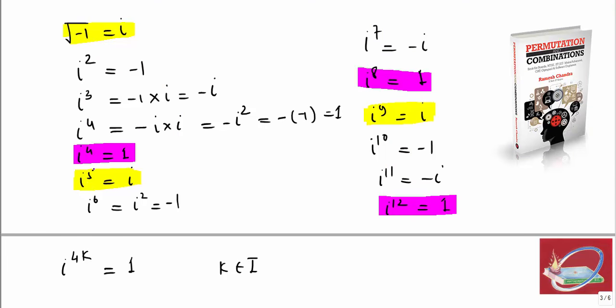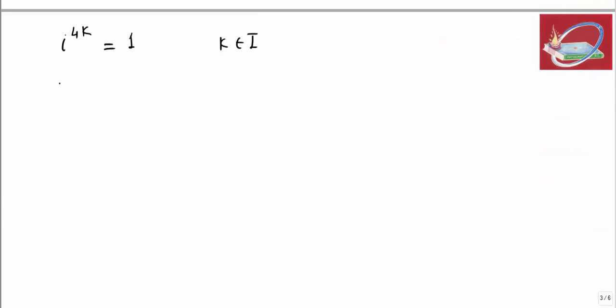I to the power 5, if we divide 5 by 4, we get remainder 1, so this is I. If we divide 9 by 4, we still get remainder 1, so this is I. So 1, 5, 9 are numbers of the kind 4k plus 1, giving I to the power 4k plus 1 equal to I. I to the power 4k plus 2 is equal to minus 1, and I to the power 4k plus 3 is equal to minus I, and so on.